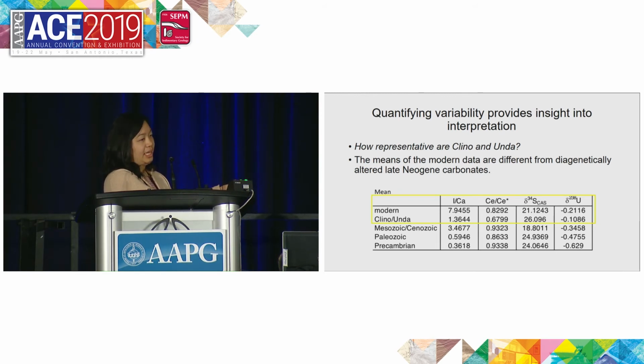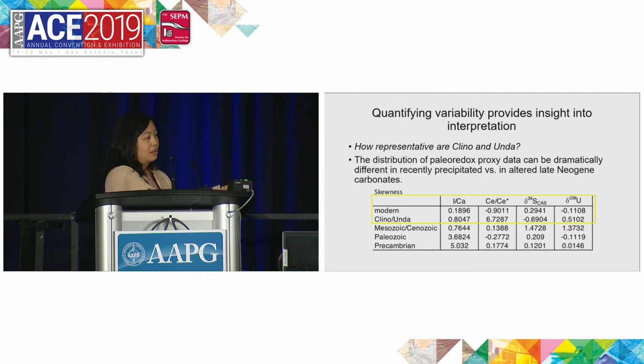And so it does not seem that Clino and Unda can represent seawater very well. We can also look at the symmetry of the distribution, or the skewness, where 0 represents a normal distribution. More positive values are right skewed and negative values are left skewed. Again, we see that they're dramatically different. And so the other question we have to ask, however, is whether or not Clino and Unda are representative of diagenetic environments in general.